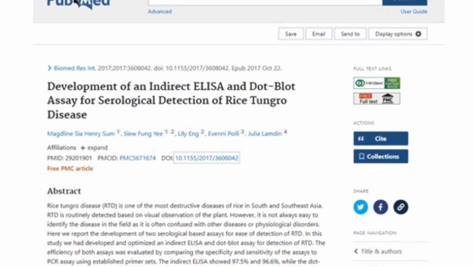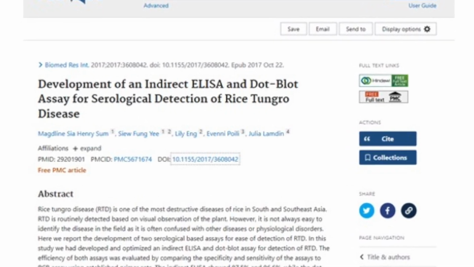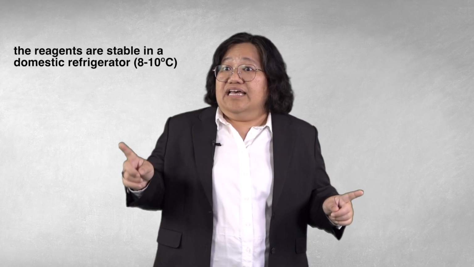Another advantage of this assay is that the reagents are stable in a domestic refrigerator, which is about 8 to 10 degrees Celsius. Thus, it does not require ultra-freezer temperature for storage. And of course, the fact that it's easy and simple to perform. Who can beat that? This enables even the community to do it themselves.